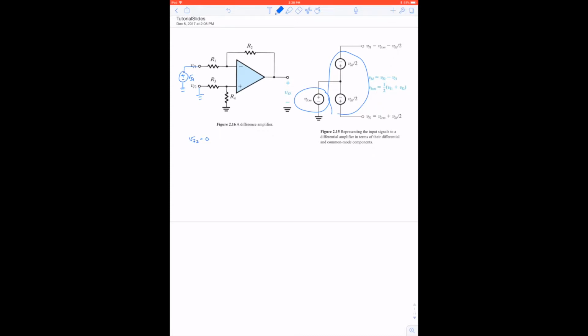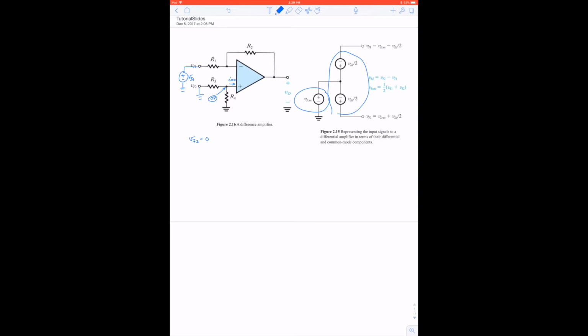When we ground the Vn2 terminal, because there's no current flowing into the op-amp itself, the potential at all of the nodes of that resistor network will be ground potential. And so the positive pin of the op-amp is at ground potential.